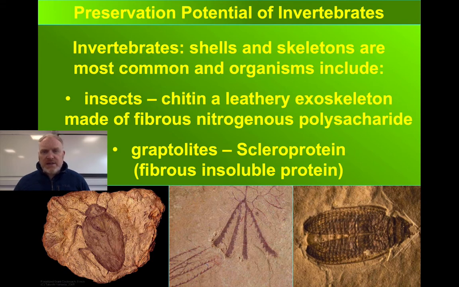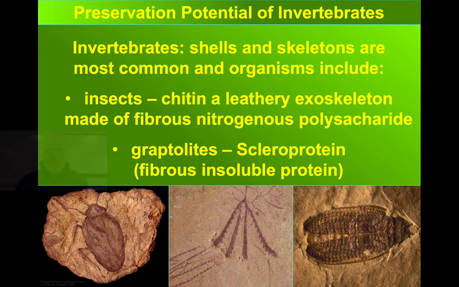Now, chitin is relatively robust, particularly if there's no oxygen around. It does tend to break down in aerobic environments. Graptolites, a group of fossils that we're going to be looking at for dating, their bodies are made of a scleroprotein, which is a bit like fingernail material. Now that can preserve, again, predominantly in anaerobic environments.